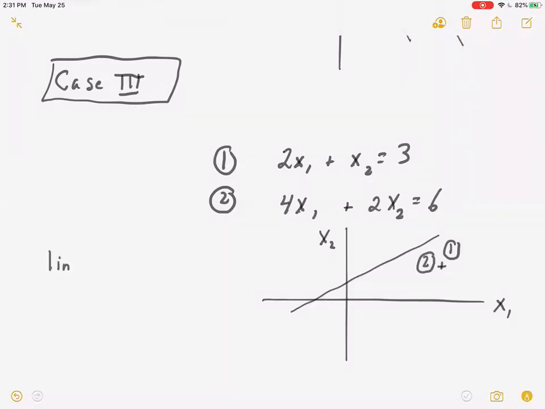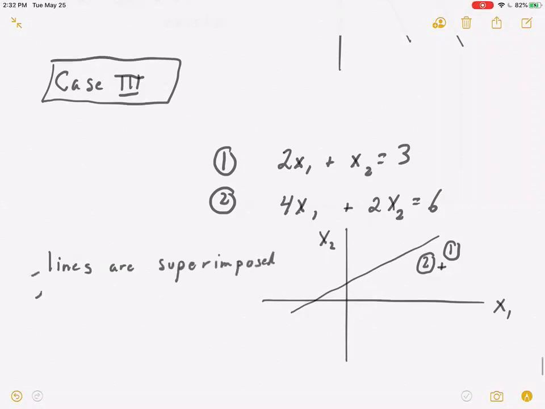So these two lines are on top of each other. They are superimposed. And that means that they don't have one solution. Since they lie on top of each other, there are an infinite number of points that will satisfy these two equations. So there are an infinite number of solutions.